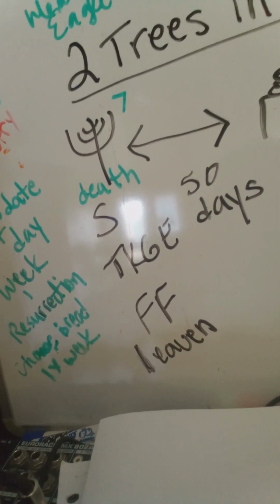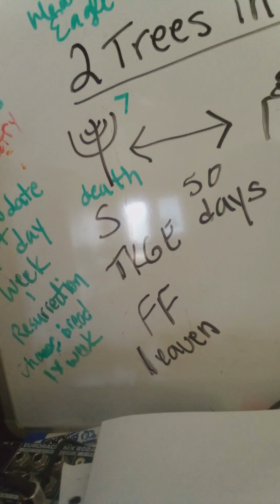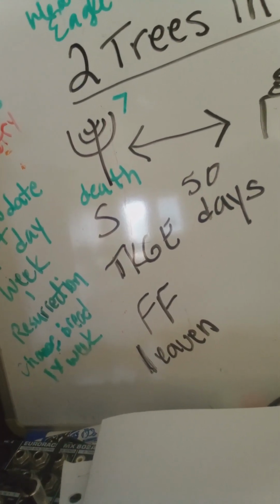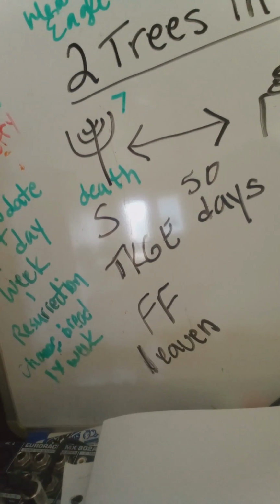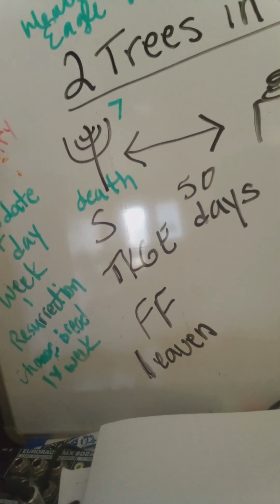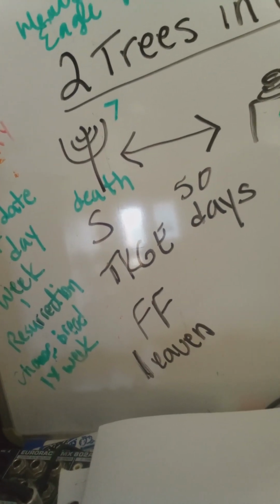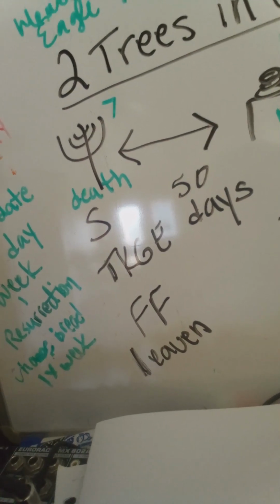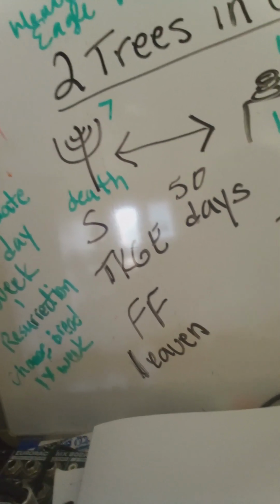And remember, this is the fourth day of creation where you have the celestial beings or planets, sun, moon, stars, etc., in the universe, in the heavens. So that's why the eagle would best fit here, because it flies in the heavens.